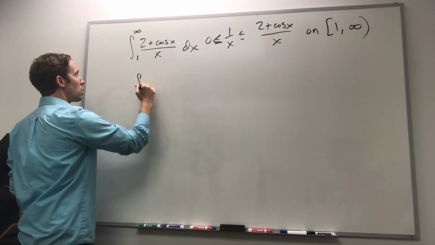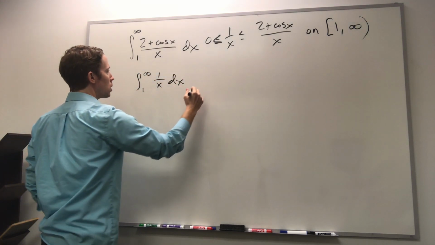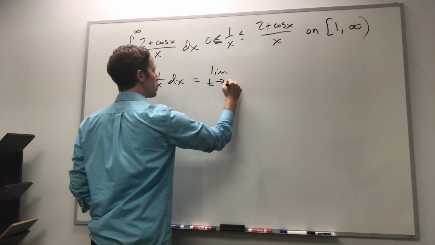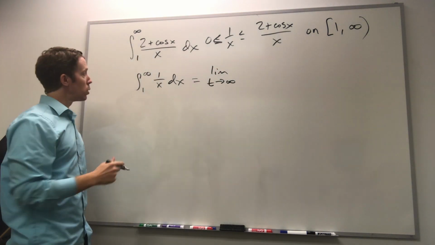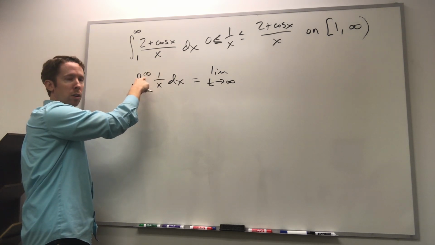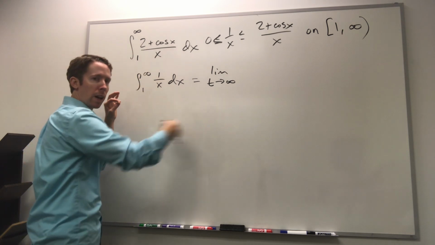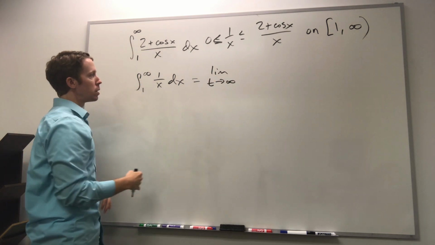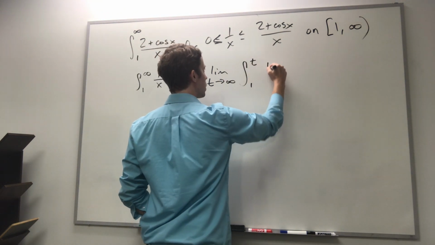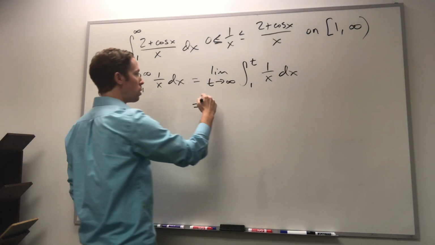So let's go from 1 to infinity, 1 over x. So remember, what I have to do is integrate from 1 to some variable value, I'll just call it t, and then let that t slide out to the right, take the limit as t goes to infinity. I know the antiderivative here.